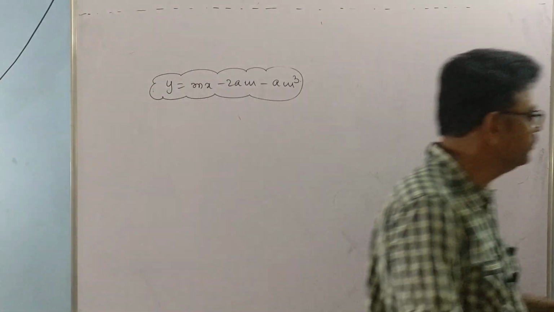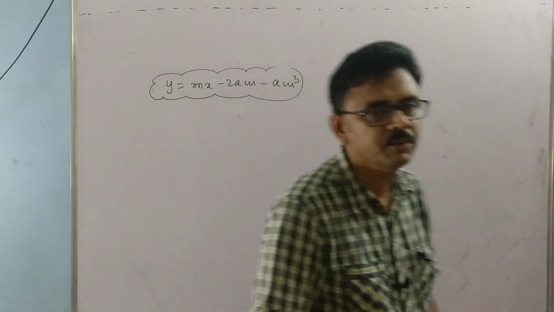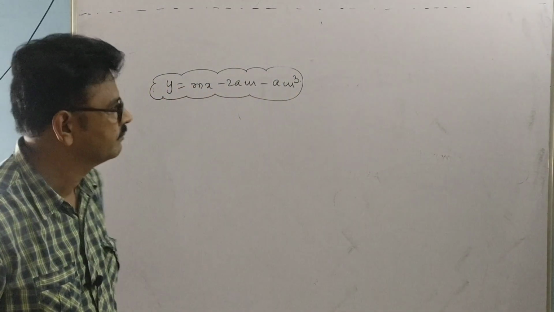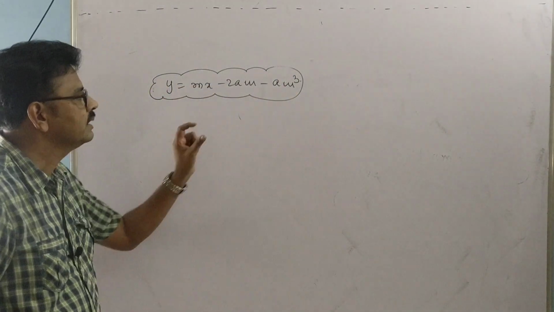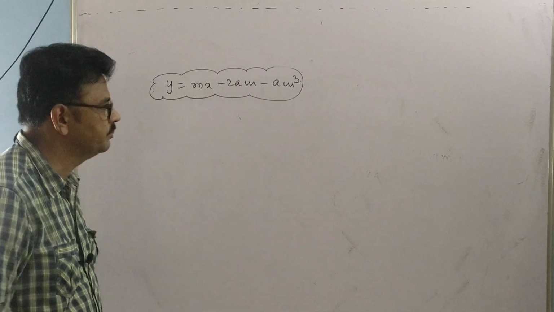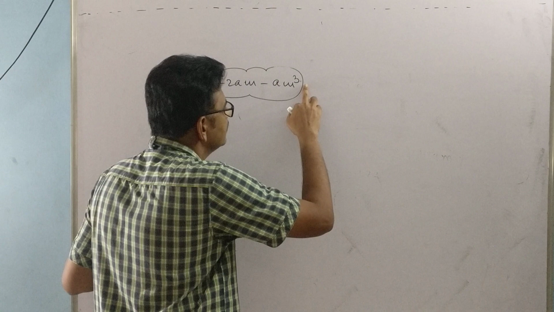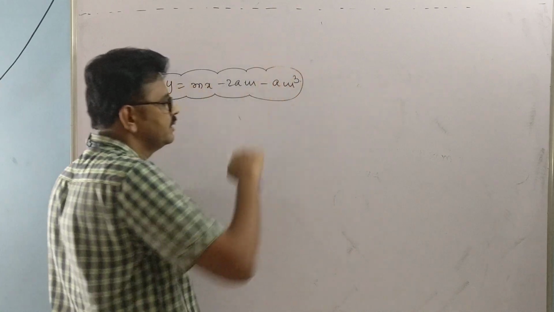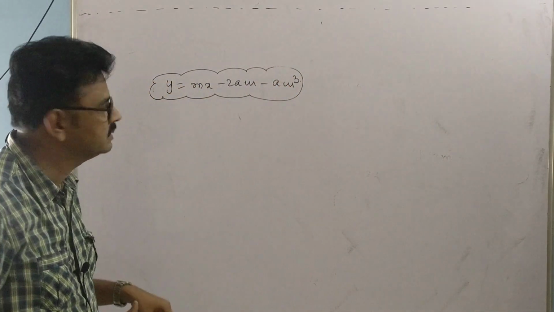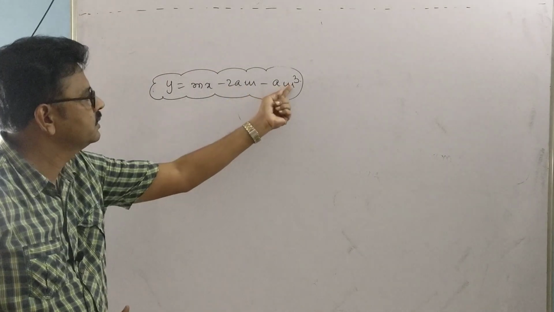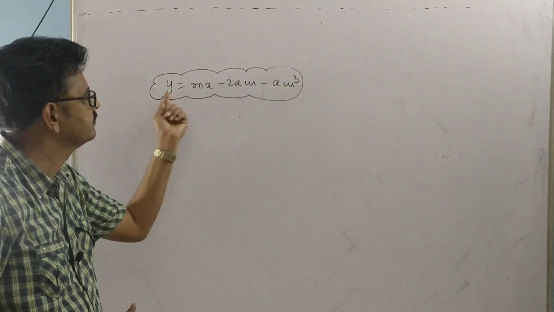So, how many normals can be drawn from a point to the parabola? In general, 3 normals can be drawn. How to say 3 normals? See here, this is a cubic equation in terms of m.